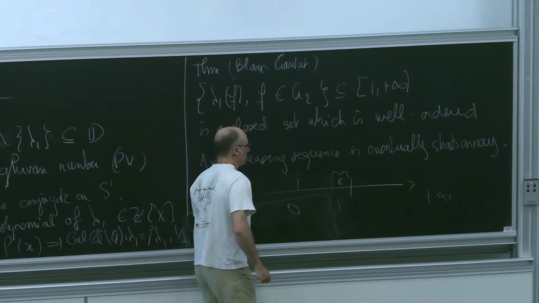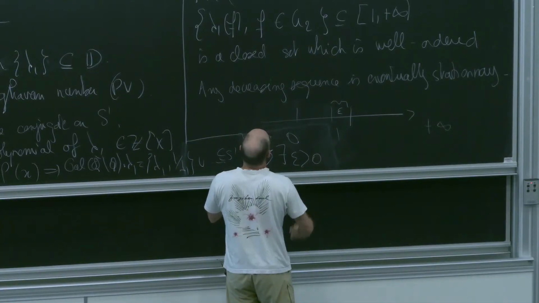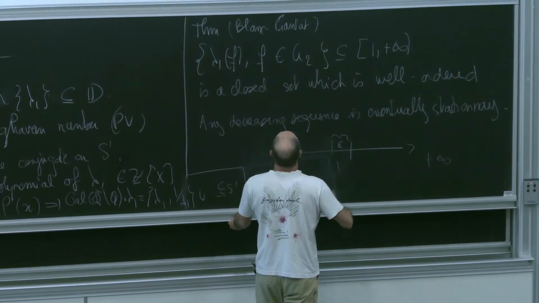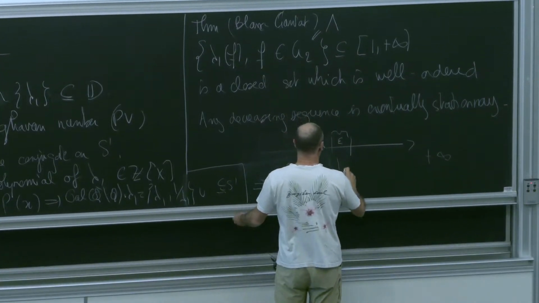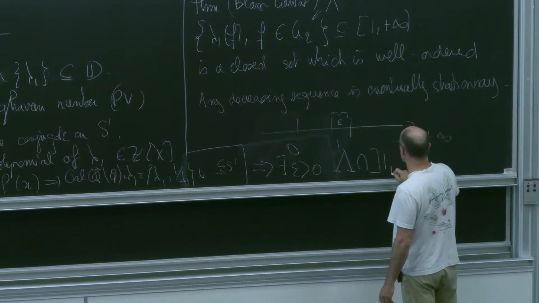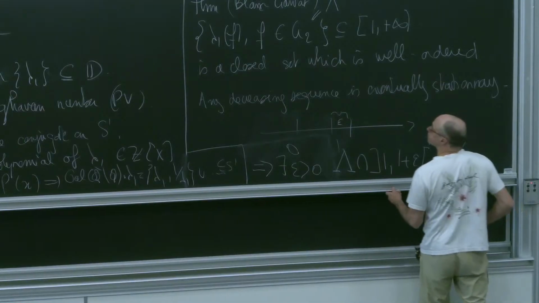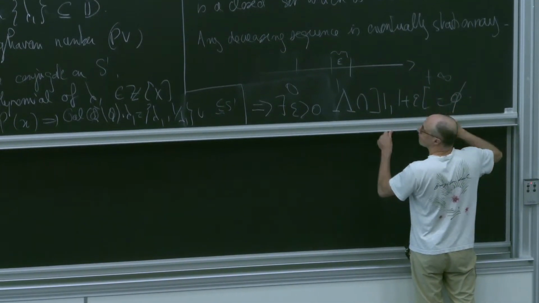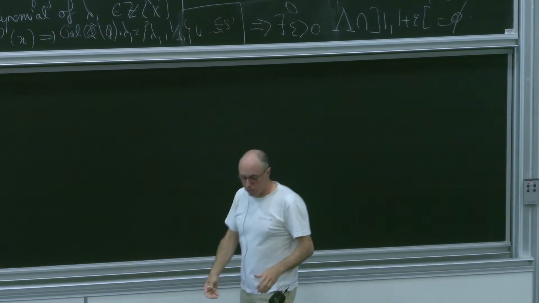There exists some epsilon positive such that, let me give a name to this set, maybe capital lambda, lambda intersected with 1 excluded, 1 plus epsilon, is empty.